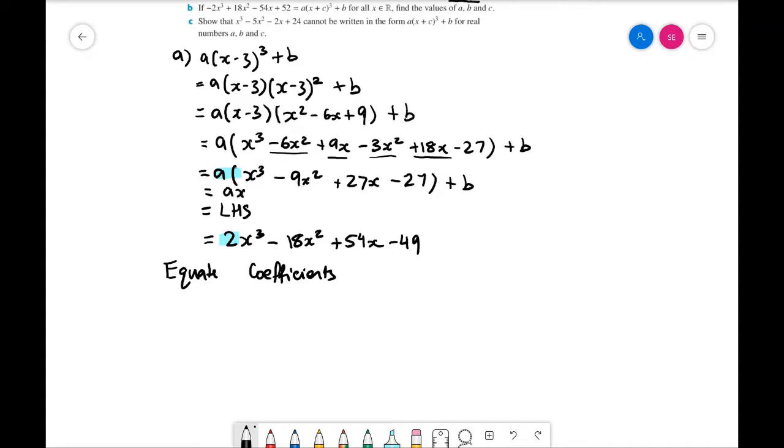So we've got ax cubed minus 9ax squared plus 27ax minus 27a plus b. Alright, so we know 2 is going to equal a, the coefficient of x cubed.